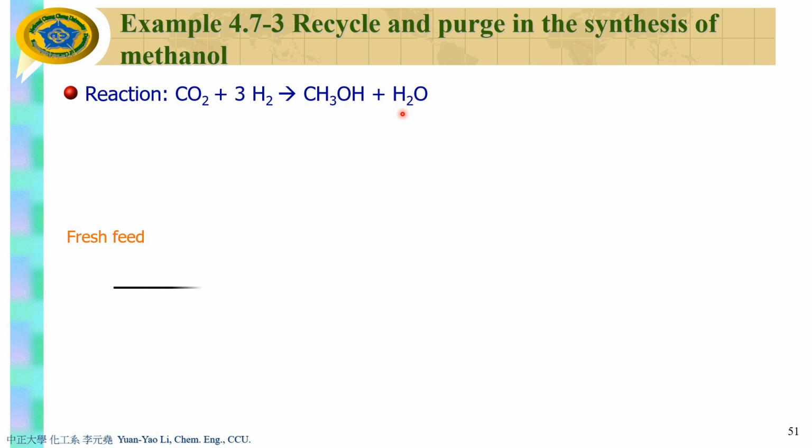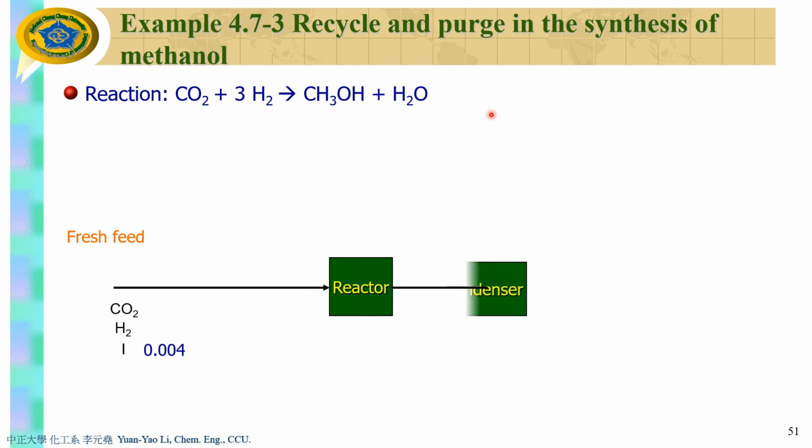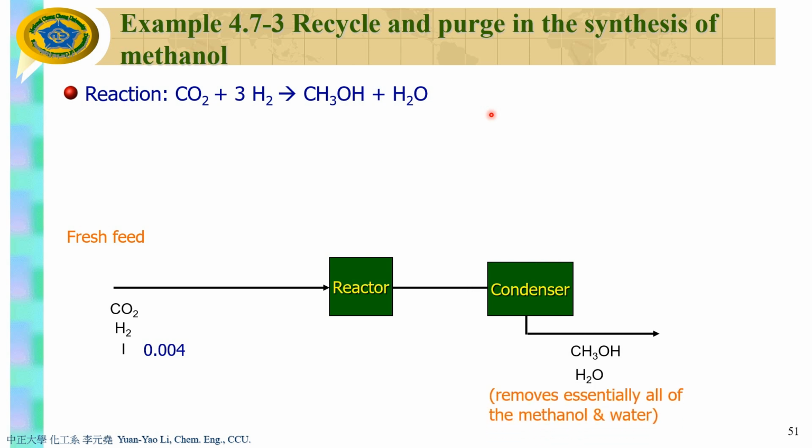So what I want to tell you is that we have fresh feed to a reactor. There are three species: carbon dioxide, hydrogen, and inert gas, which is about 0.4%. And then you have a reactor, and then you will have a condenser, which is a separator. You condense and separate liquid and gas, with the product in the liquid phase. Of course, you get the product, which is methanol, in the liquid phase.